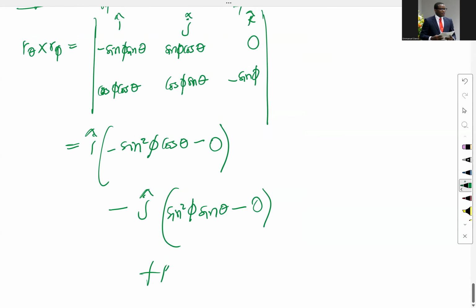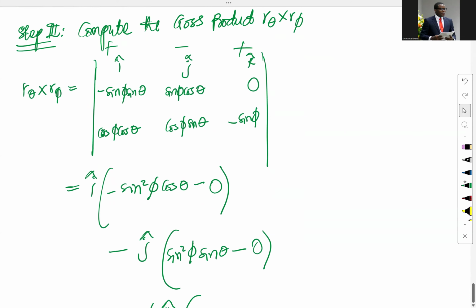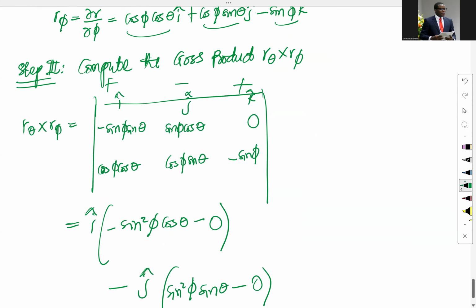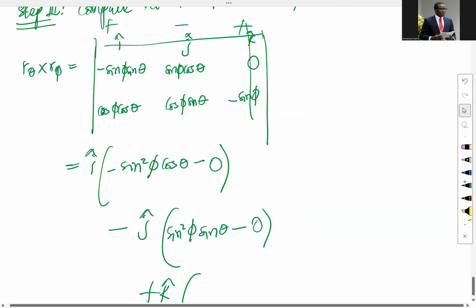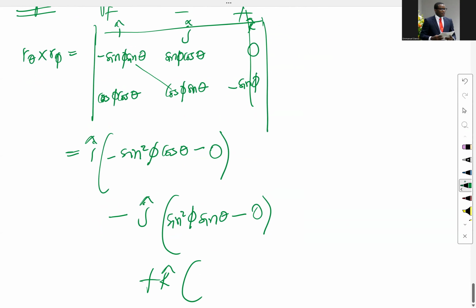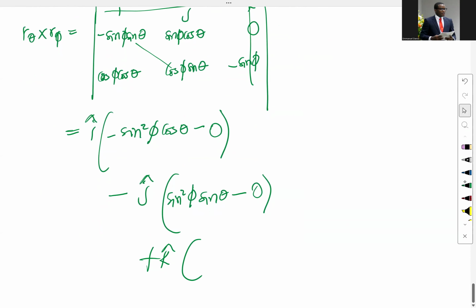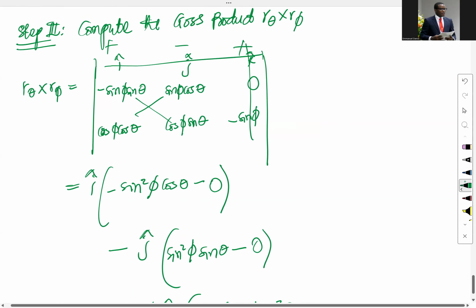So we have plus k into, so cross the column, the row, cross the column. So multiply this by this. So minus sine phi cos phi sine minus sine phi sine theta times cos phi sine theta. So that's going to be minus sine phi cos phi, then sine theta times sine theta, that's sine squared theta, all that minus what we have here.